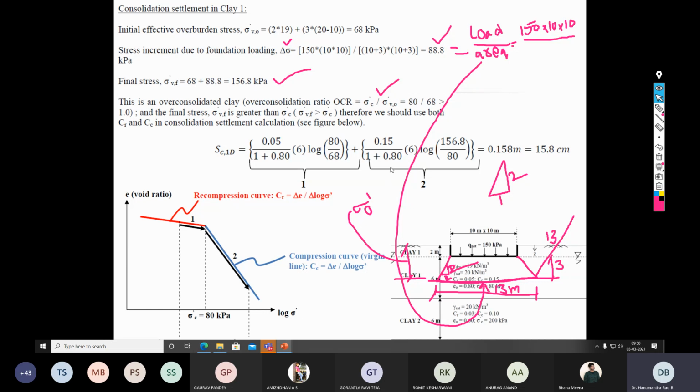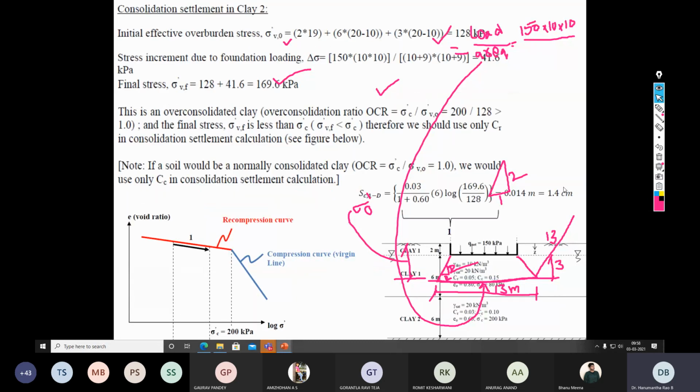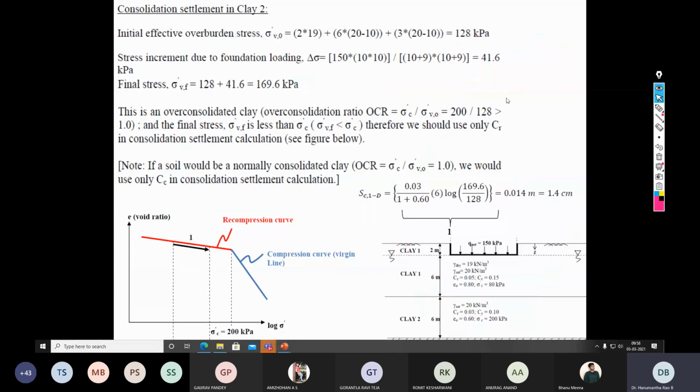Okay, but this completes only layer number 1. But what about the consolidation by layer number 2? That you need to calculate again. So this is for layer number 2, at the middle of the clay layer 2. The total depth from the foundation level is 6 plus 3, 9 meter.